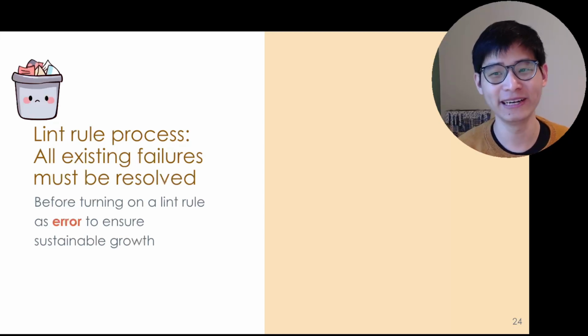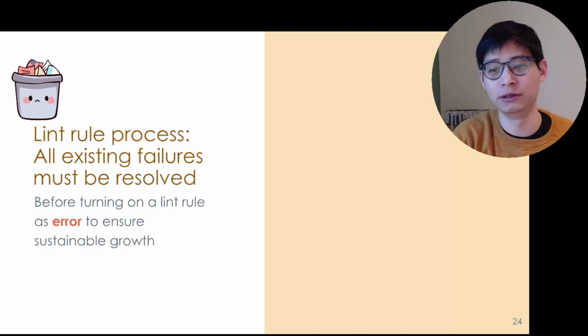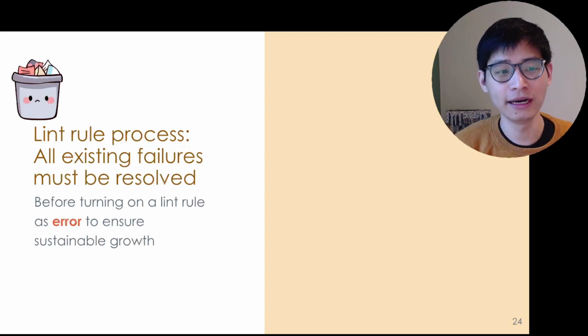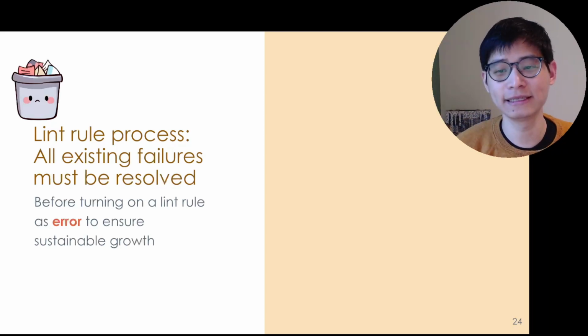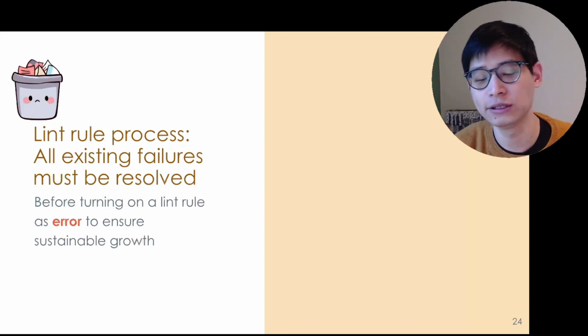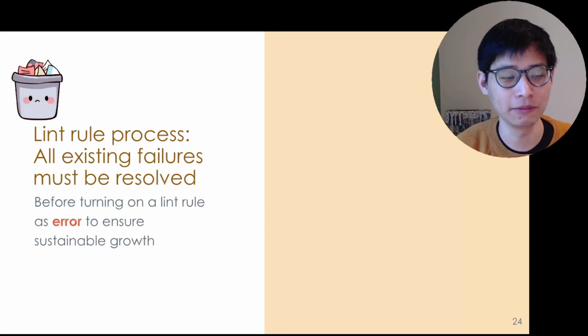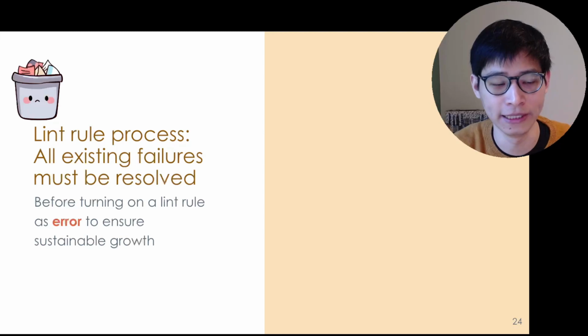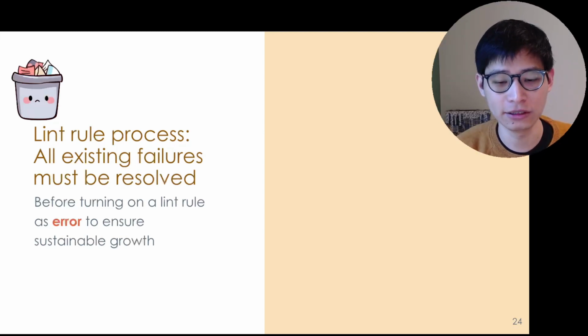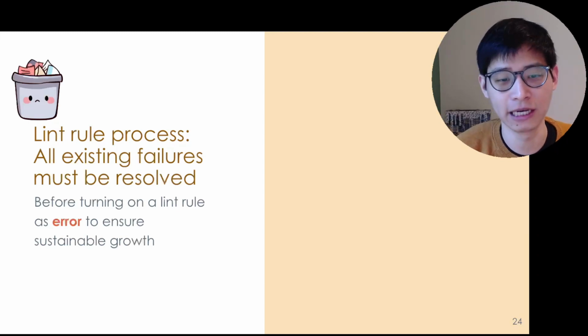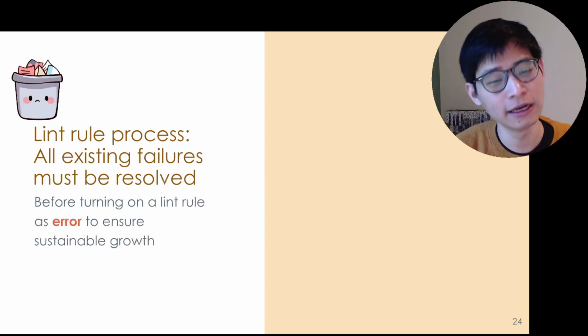The big sticking point here is that all existing failures must be resolved before you turn on a lint rule. This is a way to make it more sustainable and ensure that we don't keep adding new lint rules to the code base where the 7,000 number just becomes 8,000, 9,000, 10,000, right?